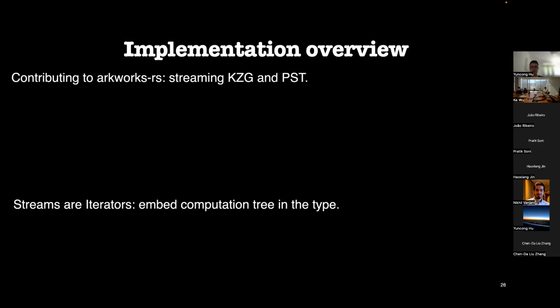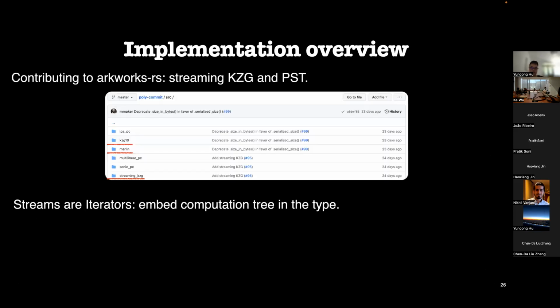Some of our implementation is already open source in the arkworks library. We also uploaded some of our modules to arkworks, like our streaming KZG, which we put in the arkworks polynomial commitment library. And we hope later work which builds on top of arkworks can benefit from it.